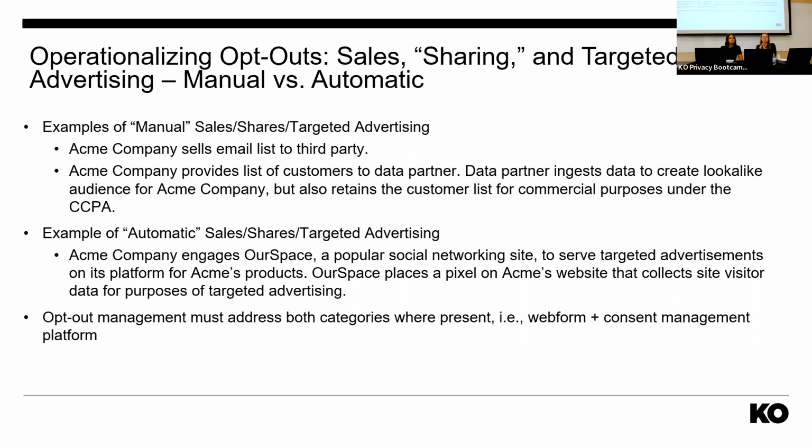That's something to pay attention to, because when you're operationalizing that, it's not just a consent management platform pop-up. You'd want to have a landing page where users can opt out both from the automatic collection through the consent management platform, but also from the sharing of their data in manual functions by the company.